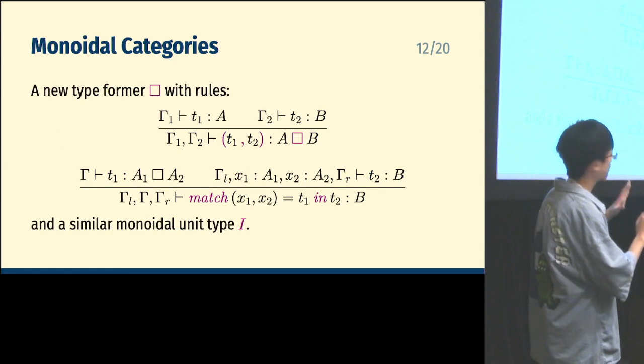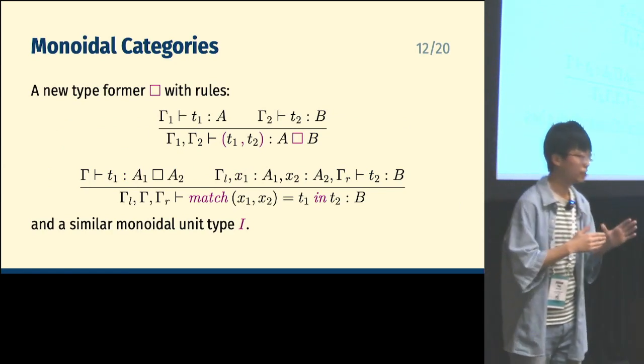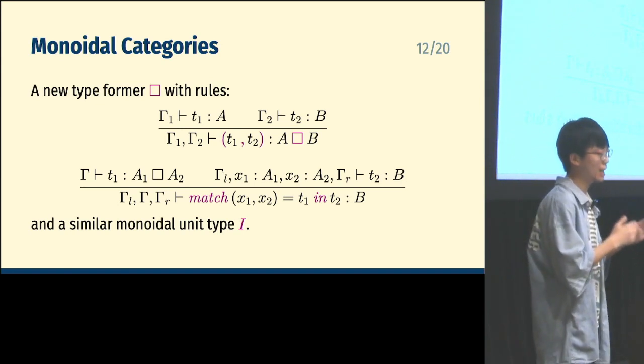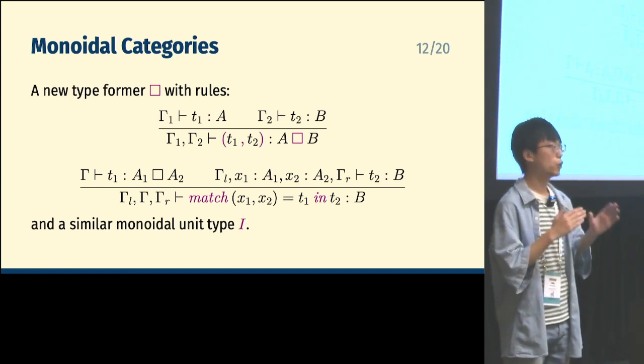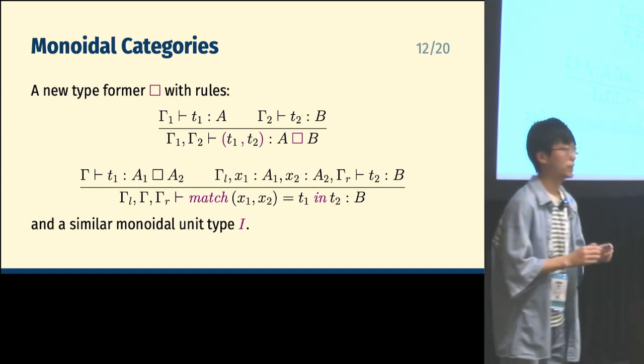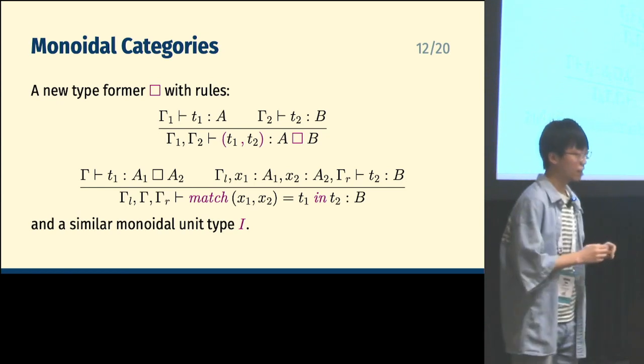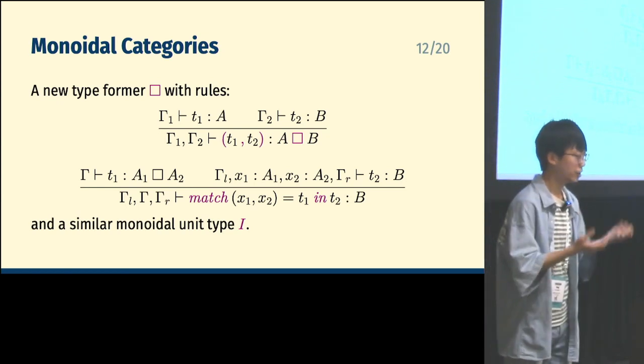But let me first recap what a monoidal category is in our type theoretic setting. Compared to Euclidean type theory, the internal language of monoidal categories has a new type former, the box here, which is a linear product type. It has a term former, which is the first rule here, that allows us to pair together two terms.